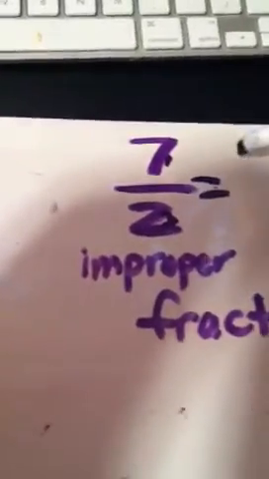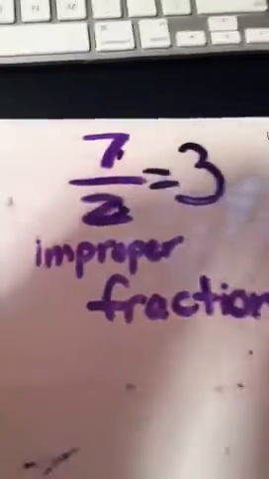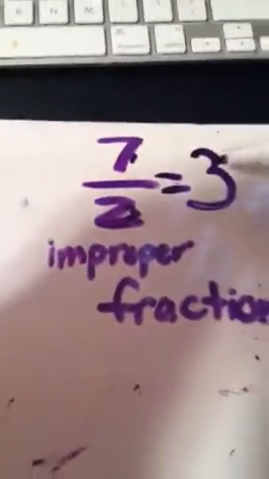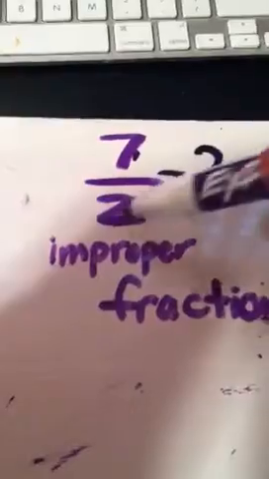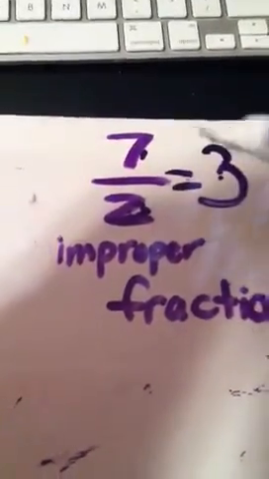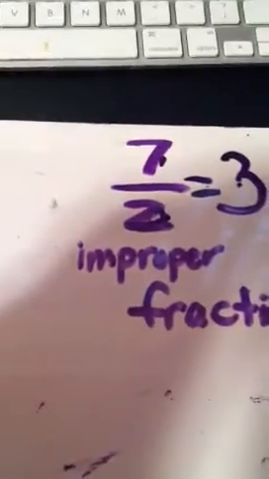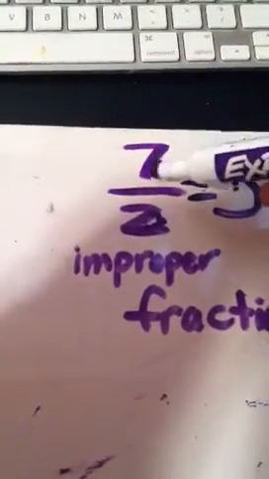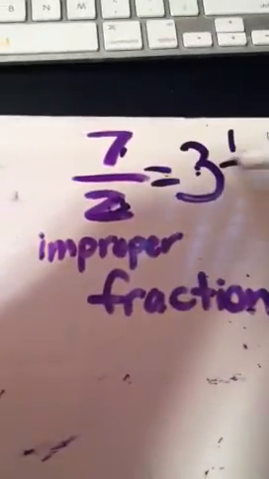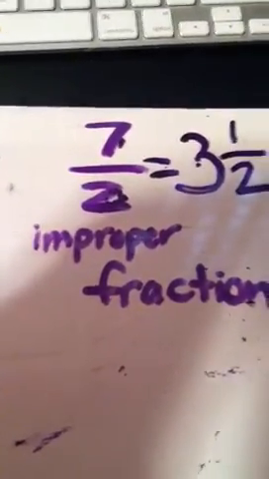So 2 goes into 7 3 times, and that gives us 6. We're then going to take that 6 and subtract. So 7 minus 6 is 1, and then I'm just going to slide the denominator over.